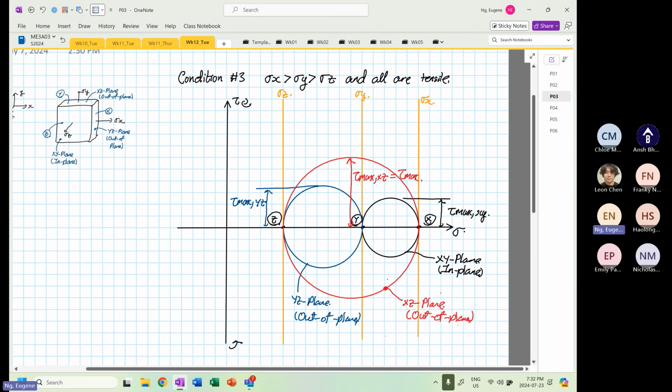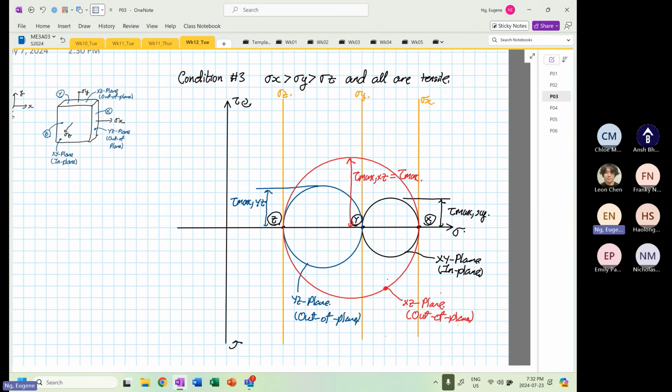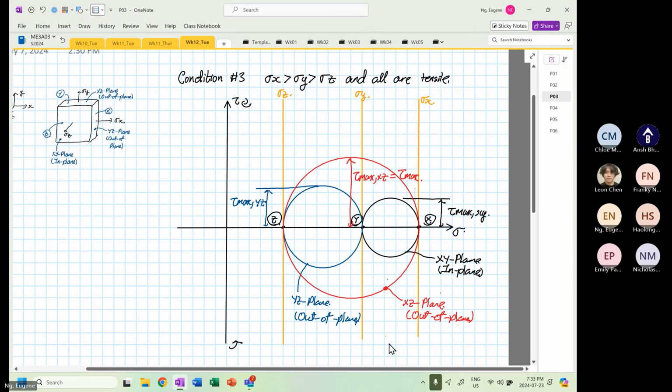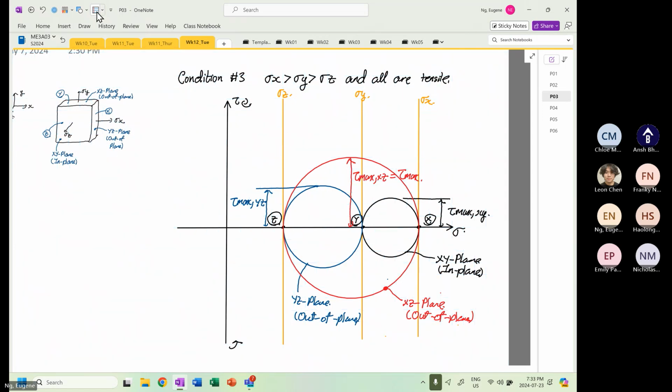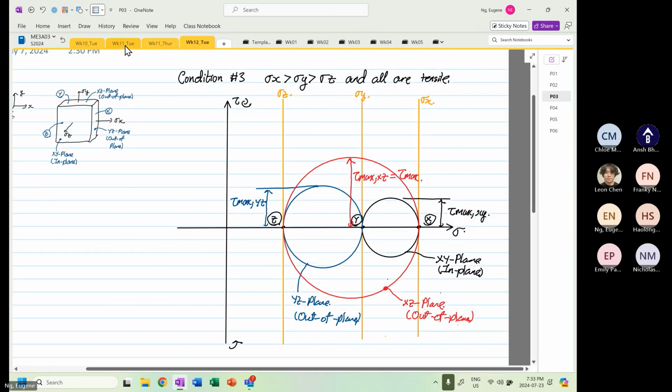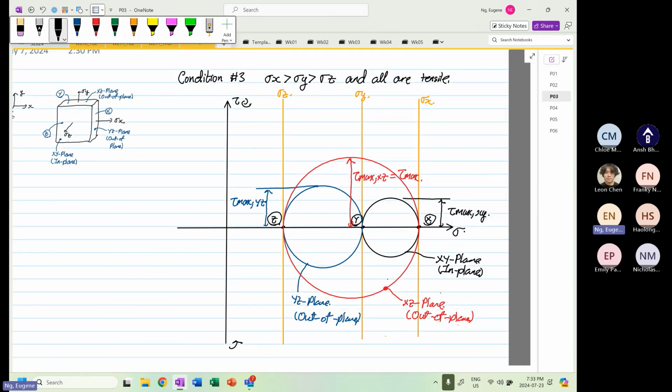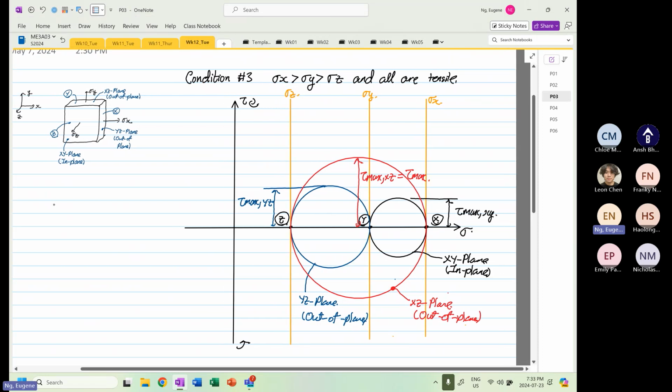So for the third case, we see that our tau max is equal to tau max in the XZ plane, and it is out of plane.